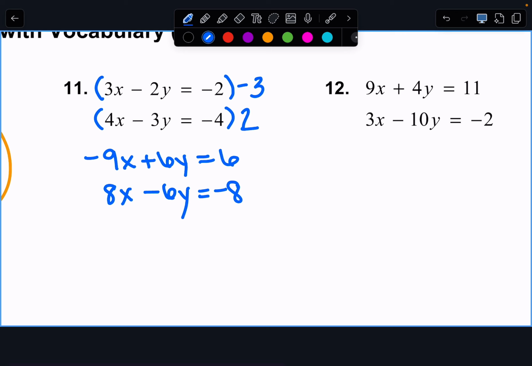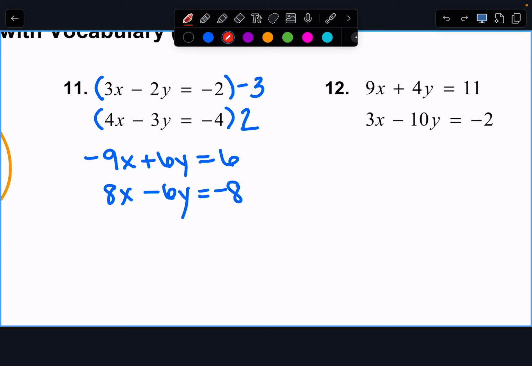If you don't show me what numbers you're multiplying by, if you don't show me your two new equations, I don't know how to help you. Okay? The most common mistake is missing one of those terms in your multiplication. Make sure you get all three multiplied.